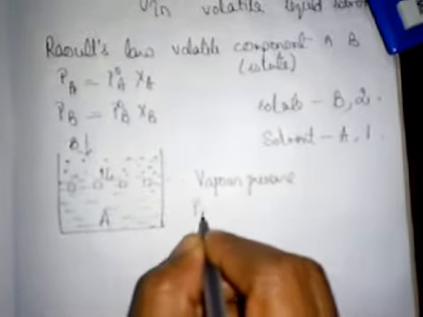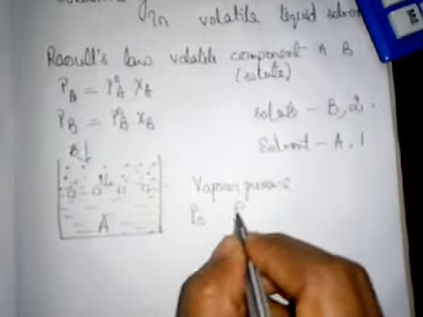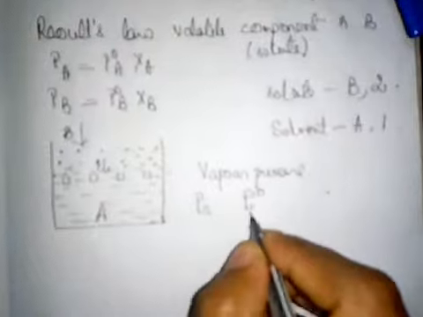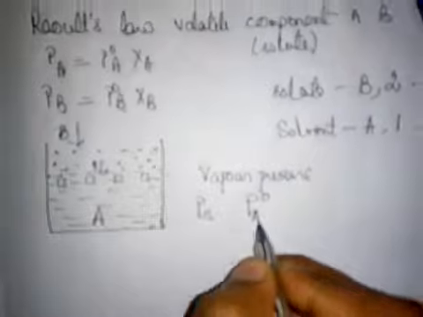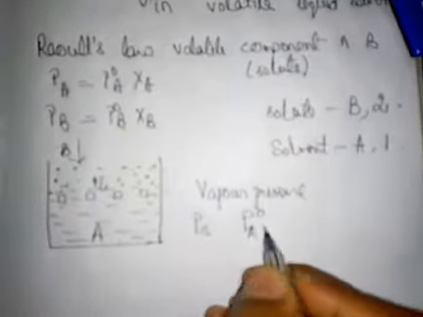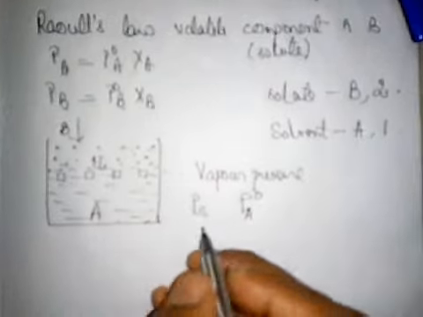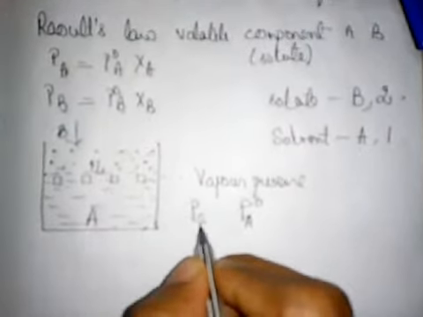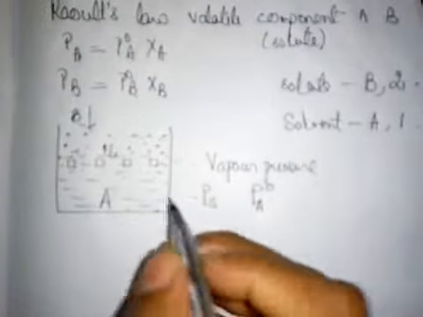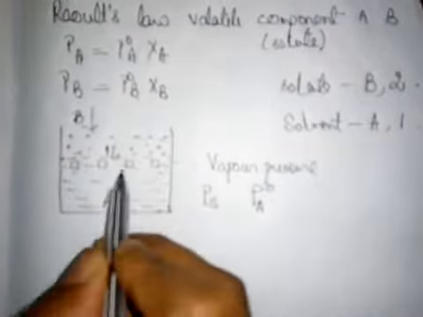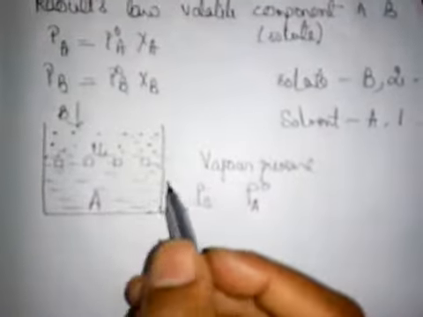Earlier it is P naught A, the vapor pressure of pure solvent when the non-volatile solute is not added. PS is the vapor pressure of the solution, which is obviously due to the solvent because solute particles are not at all contributing to the pressure.